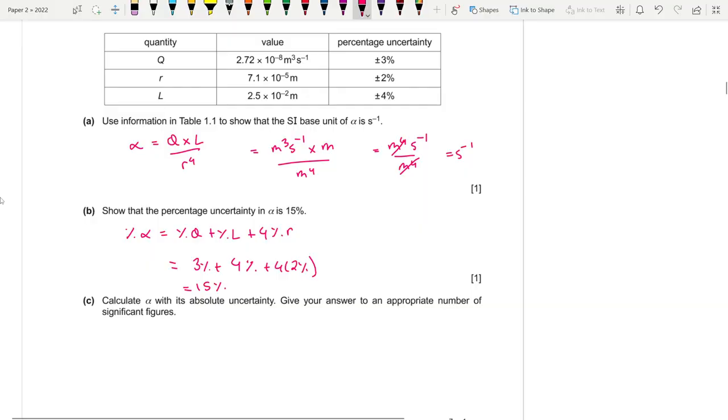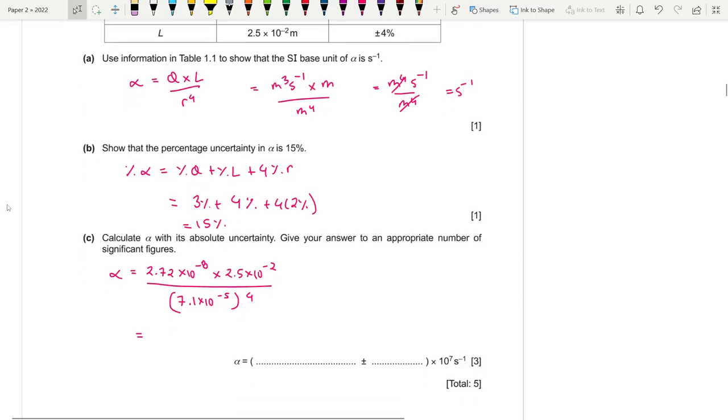So alpha is equal to Q times L divided by R to the power 4. Q is 2.72 times 10 to the power minus 8, L is 2.5 into 10 to the power minus 2, and R is 7.1 into 10 to the power minus 5, to the power 4.